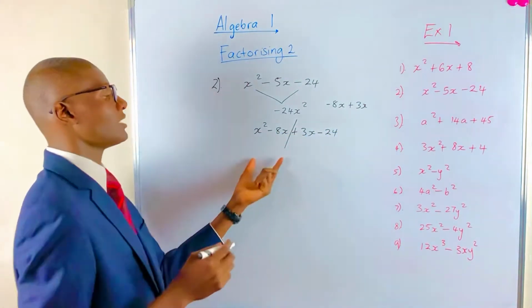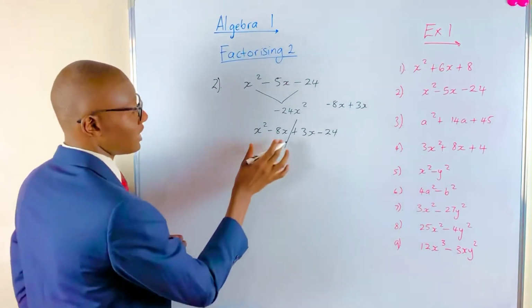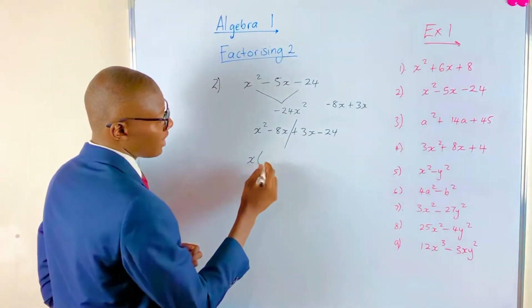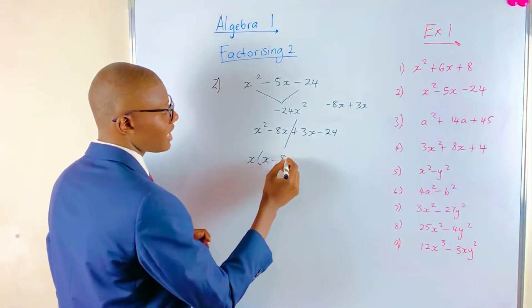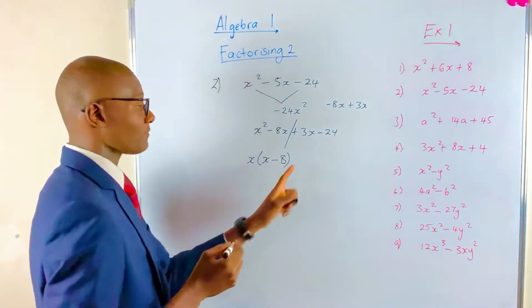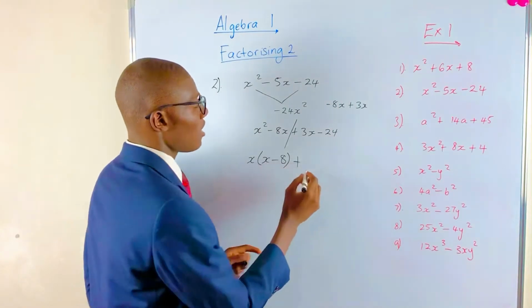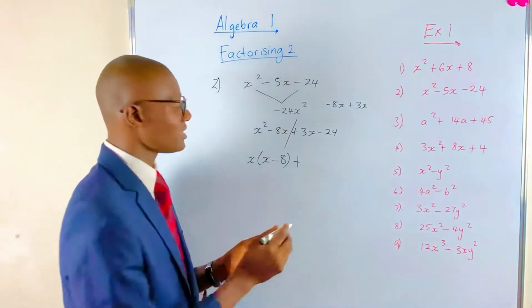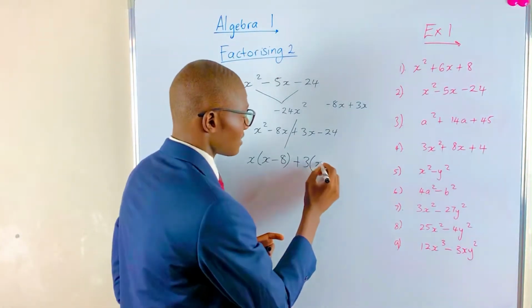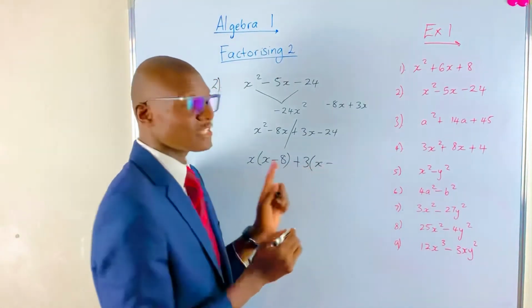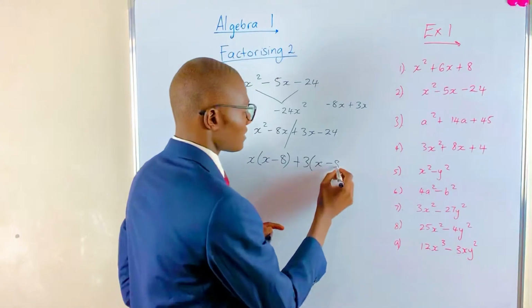Split that, we factorize separately. Here we see x is common. x into x squared, that's x, minus 8 into x, 8x, that's an 8. And then plus, for 3x minus 24, we see that 3 is common. So 3 into 3x, that gives us an x, and minus 3 into 24, that gives us an 8.